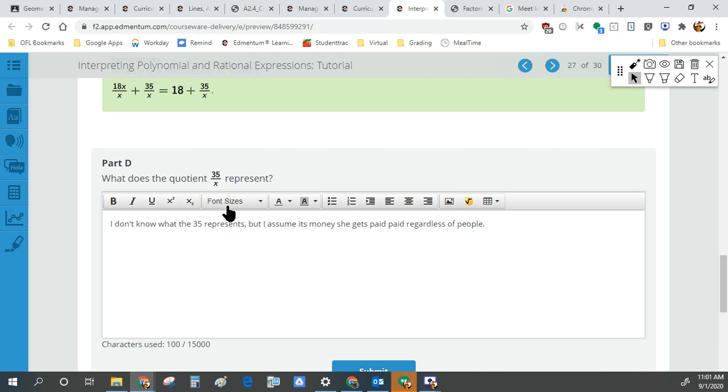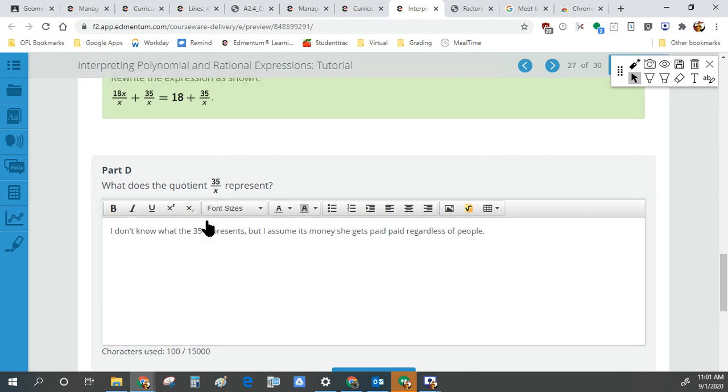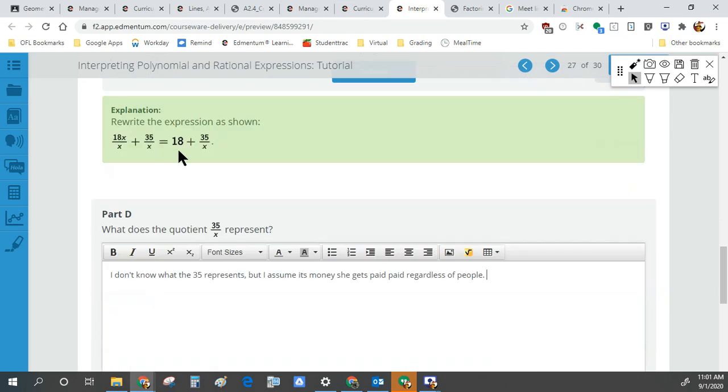So the 35 represents how much money she makes regardless of the tour. So the more people that come, the less that initial $35 matters. At first, it's great: I get $35 just for standing here. But the more people come, the less of an impact that is, and the more of an impact I'm getting per person.